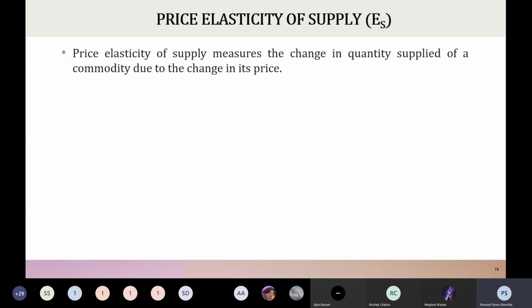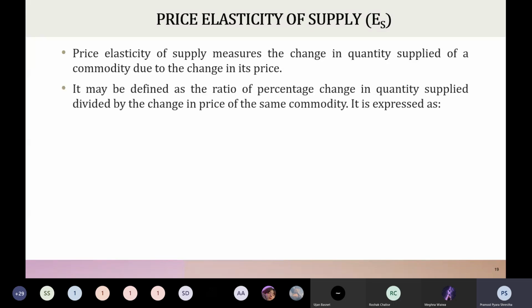And it may be defined as the percentage change in quantity supplied divided by the percentage change in price of the commodity. Let me repeat once again. Price elasticity of supply measures the change in quantity supplied due to change in price of the commodity, and it may be defined as the percentage change in quantity supplied divided by the percentage change in price of the commodity.